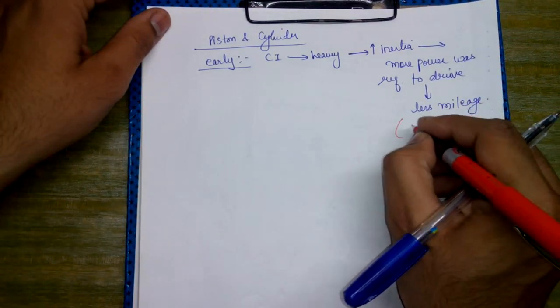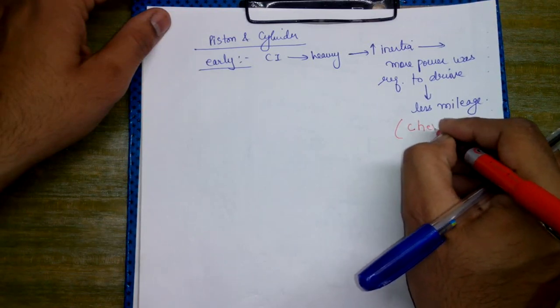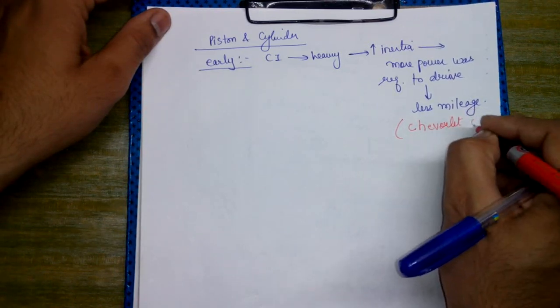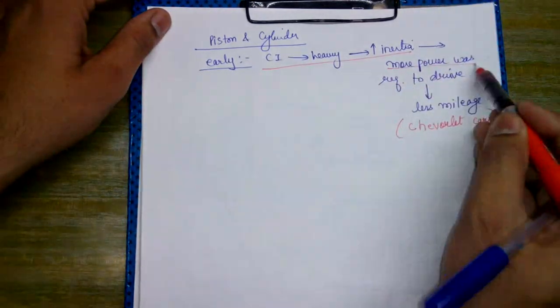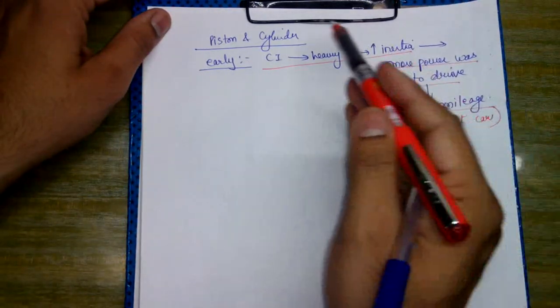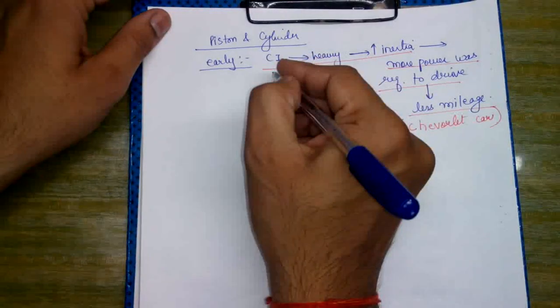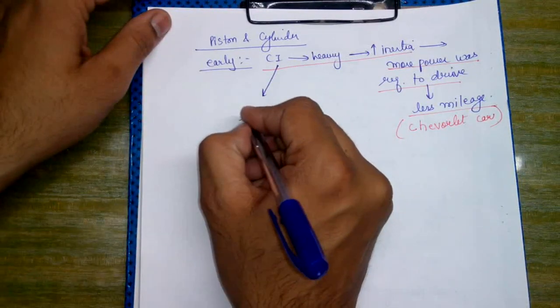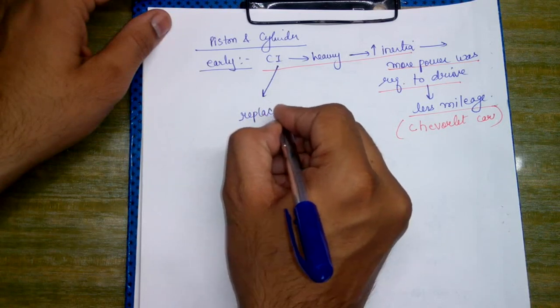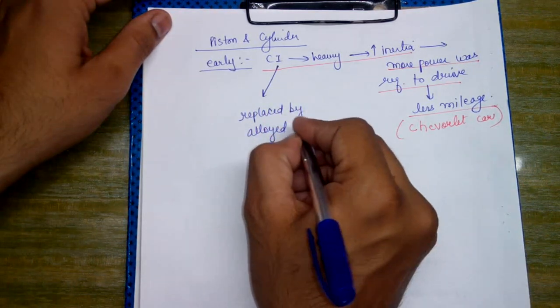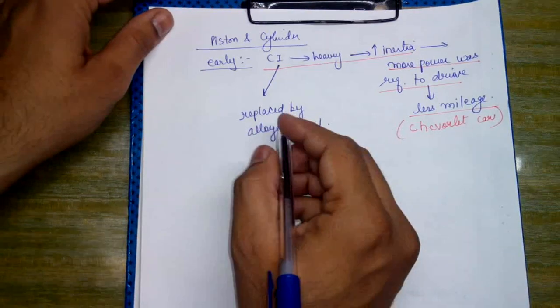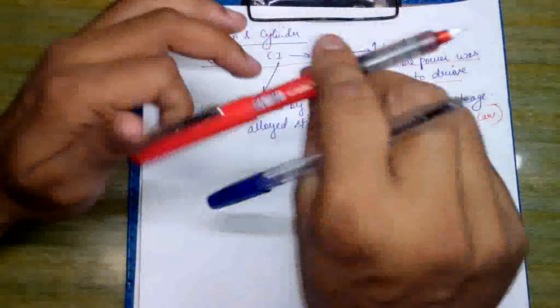ये कहां यूज होता है? ये होता है हमारी शेवरले की कार्स में। शेवरले की कार्स में एक्चुअली कास्ट आयरन ही यूज होता है, क्योंकि वहां पे वो लोग माइलेज पे ध्यान नहीं देते, वहां पे वो लोग स्ट्रेंथ पर ध्यान देते हैं। But this cast iron was replaced by alloyed steel. Alloyed steel का एडवांटेज थोड़ा क्या था?